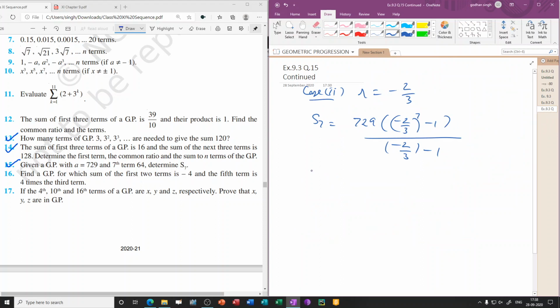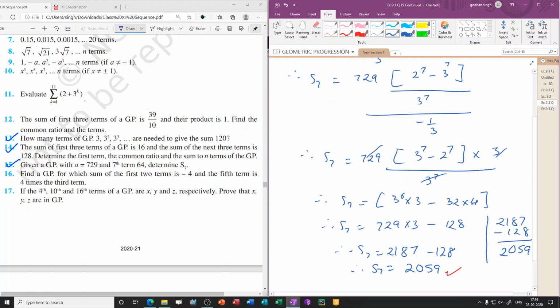So let us simplify this further. S7 equals 729, and we have seen that that is equal to 3 raised to 6, and this will become minus 2 raised to 7, that is minus 128, minus 3 raised to 7. And what is 3 raised to 7? We have done that calculation in the earlier page, that is 2187.